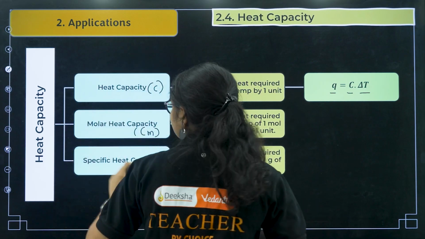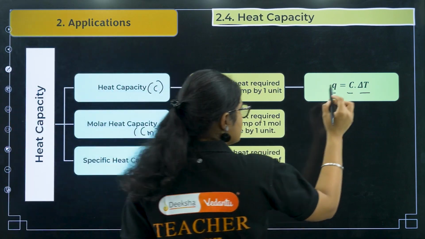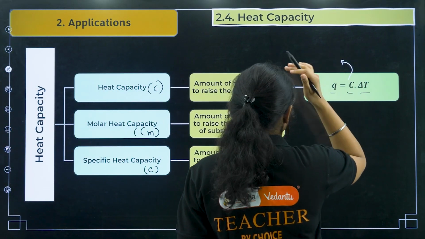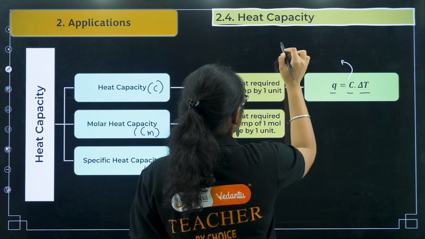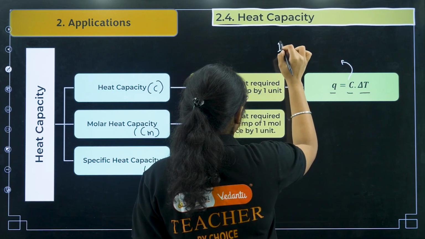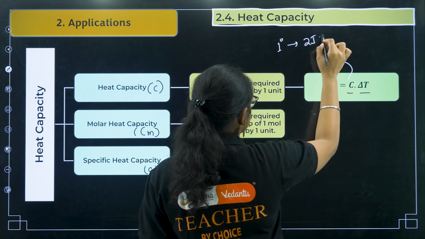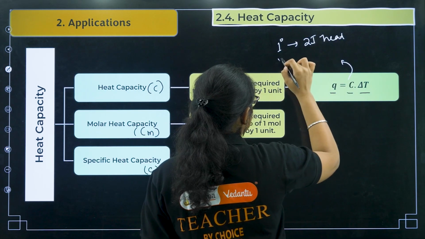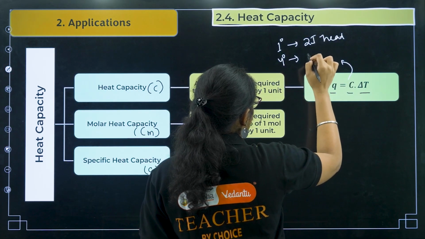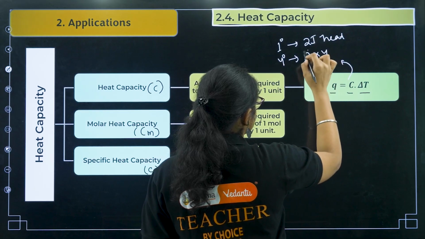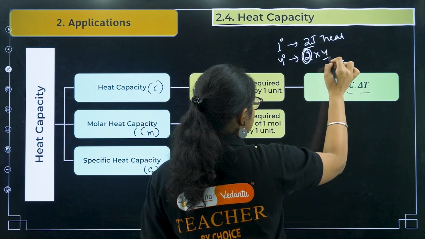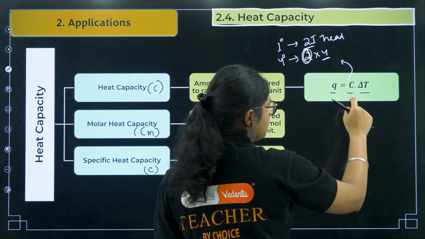Now see how this formula has come. Very simple. Suppose, for example, for 1 degree change we need 2 joules of heat, right? For changing 4 degrees, how much will I need? 2 into 4, right? So this is the heat capacity, and this is the temperature change. So that is C into delta T.